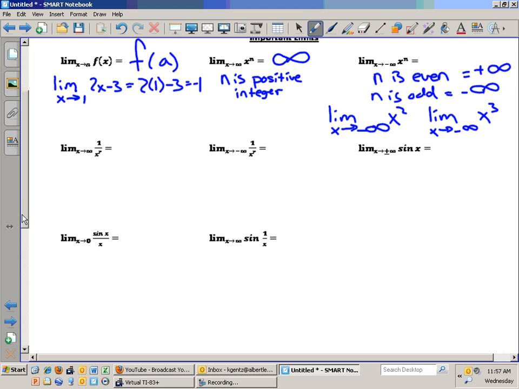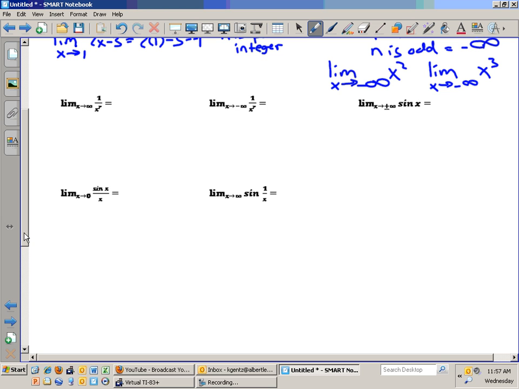Okay, let's flip it around. Limit as x approaches infinity of 1 over x to some power, say squared, third, fourth. Anybody know what that is?